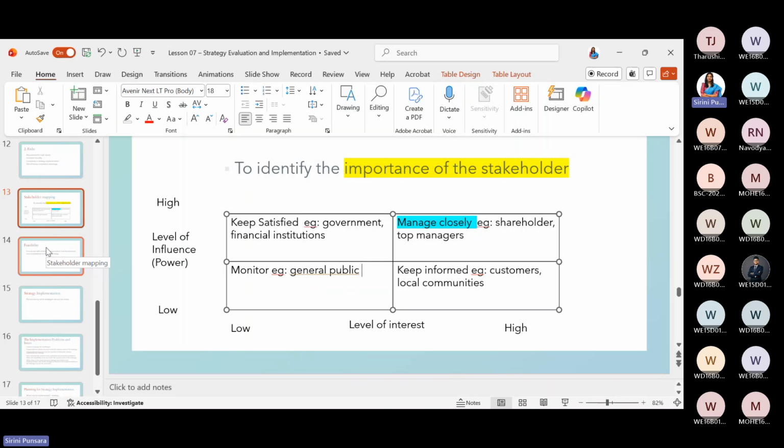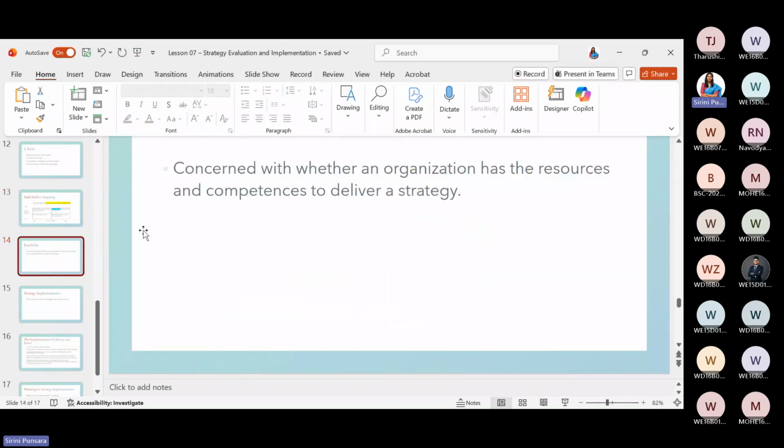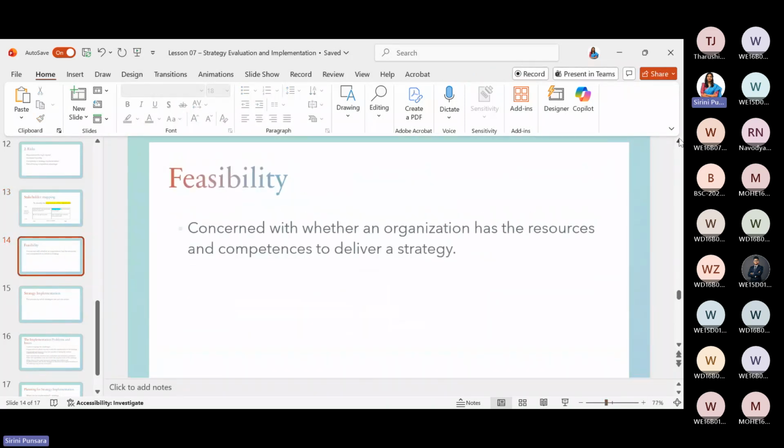Right, then the next one is feasibility. So under acceptability, we have that. Then the final factor is feasibility. Feasibility, I told you, means whether we can practically implement the strategy or not. So we can measure it in terms of our internal capabilities.